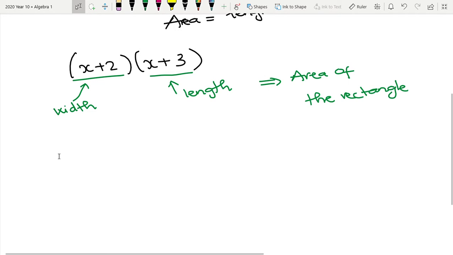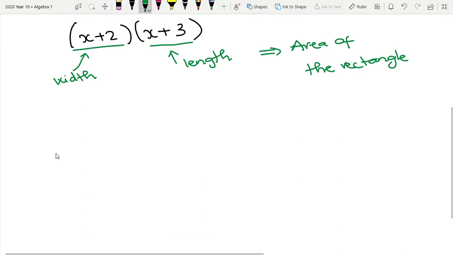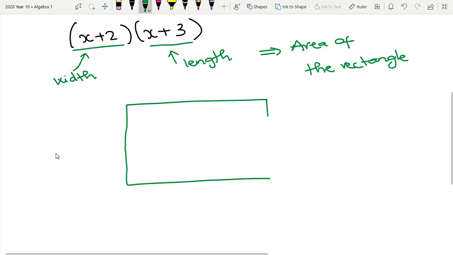Here we go. We need a bit of help from geometry. Let's just draw a big rectangle here. Okay, no worries so far. Even if it doesn't look like a rectangle, in your mind, it is a perfect rectangle.